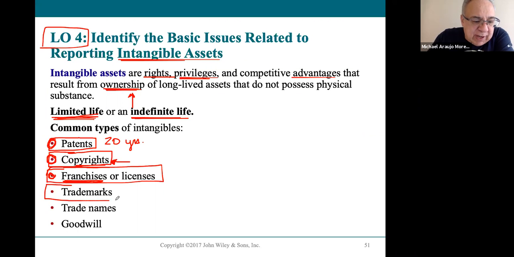Trademarks and trade names kind of go into the same category, but a trademark could be a symbol for something. Like if you look at McDonald's, they have the golden arches. That's a trademark of McDonald's. If you look at Walmart and they have that little star thing, that's a trademark.